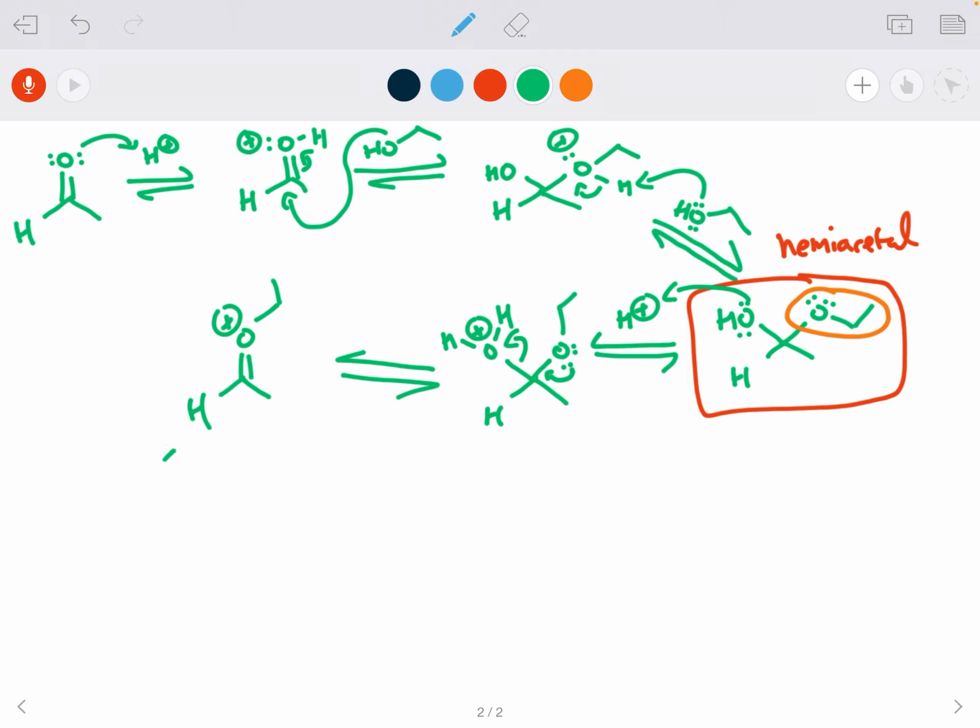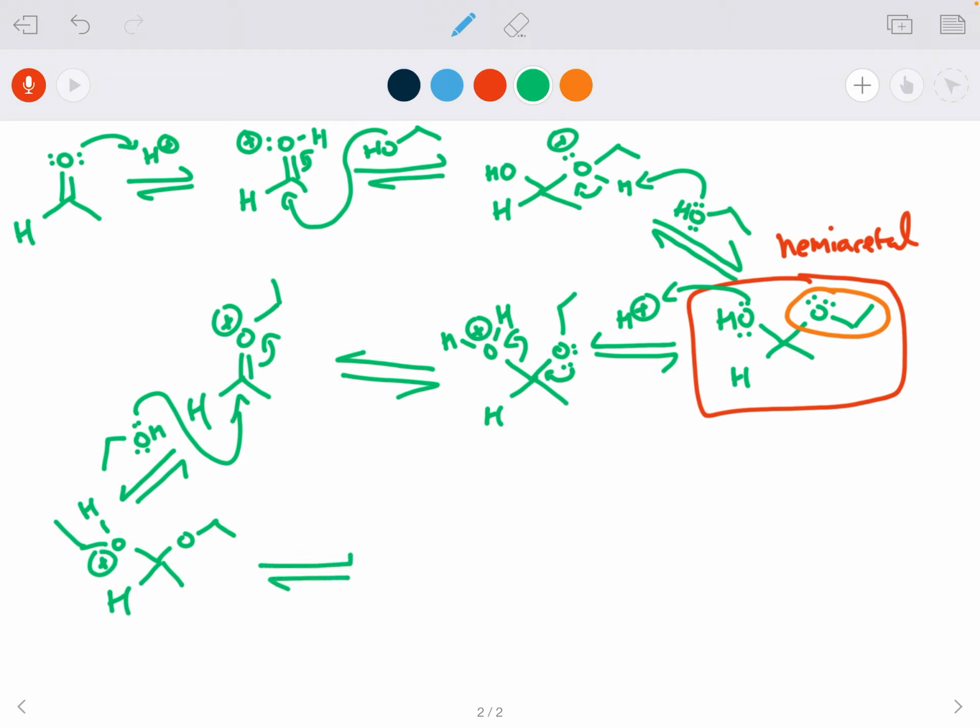The next step, ethanol is going to come in as the nucleophile, and we'll get very close to the final product we're looking for. We just need to deprotonate the ethanol that we've just added on.